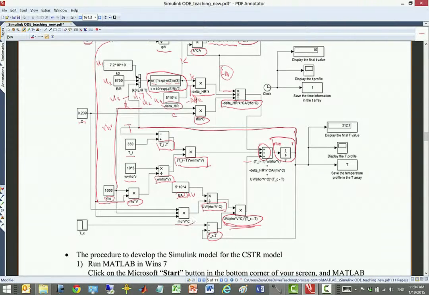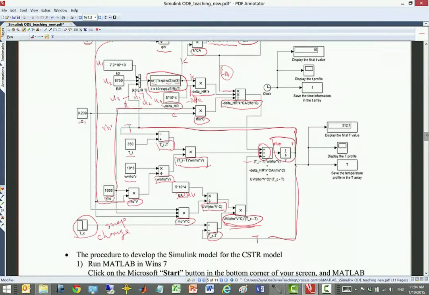Here this term is the product of three elements: rho times V times C. For this one, TC minus T, this TC is the change. We had a step change here, and then this minus T is from T.